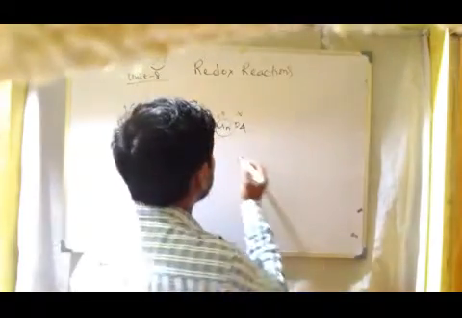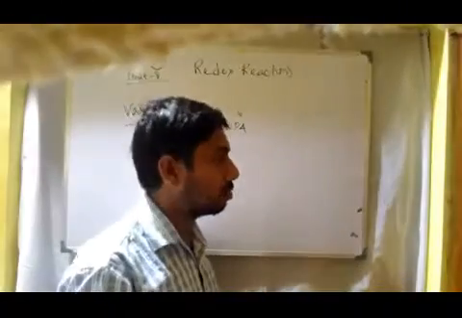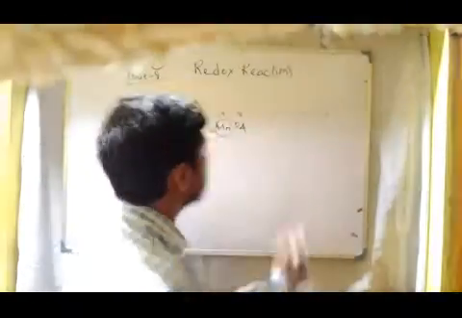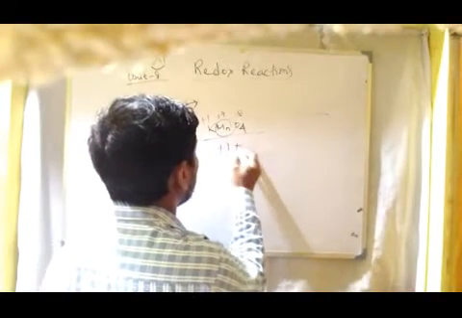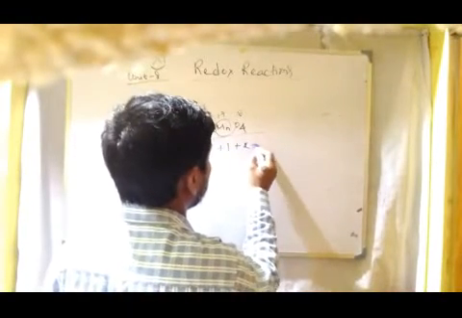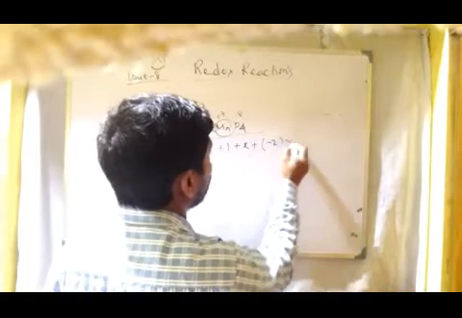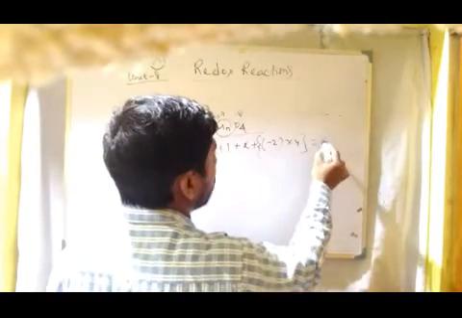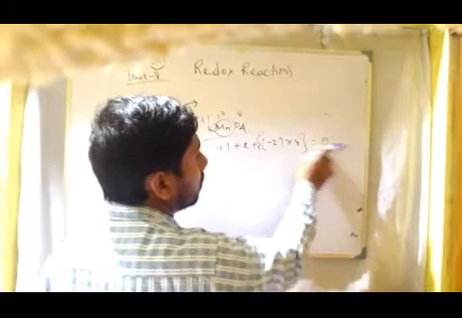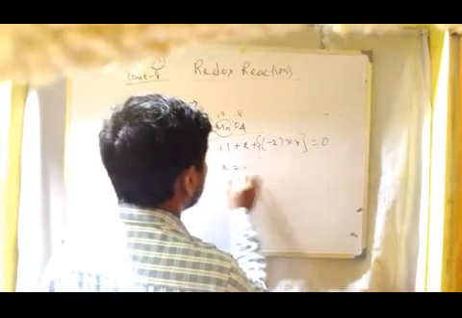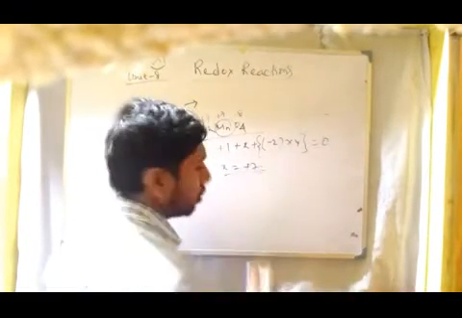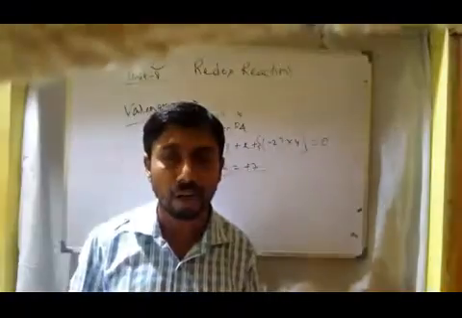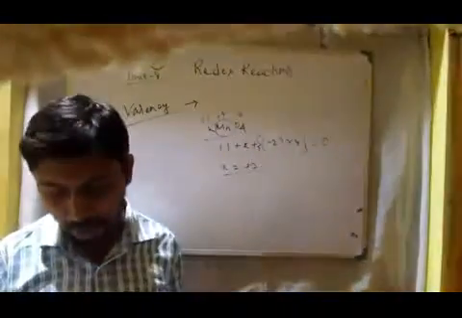One easiest method is to assume the oxidation state of manganese equals x. So +1 plus x plus (-2 into 4) equals 0, because there is no charge. If there is a charge, then we will write the charge here. So x equals +7. In this way we can calculate the oxidation state of manganese in KMnO4.